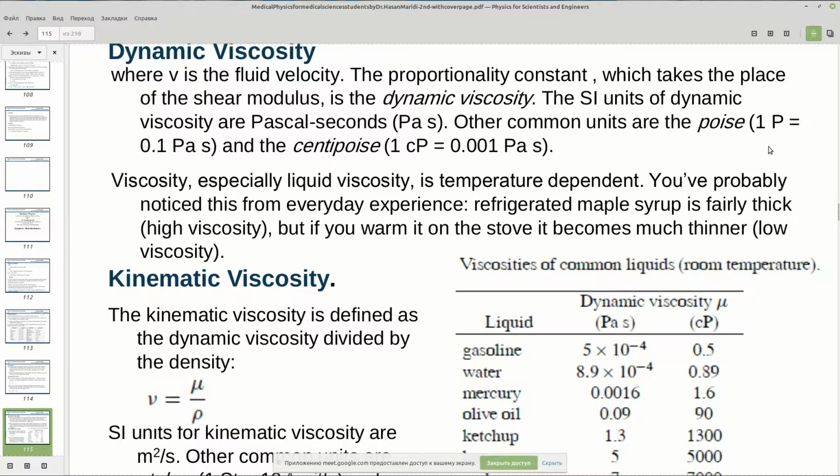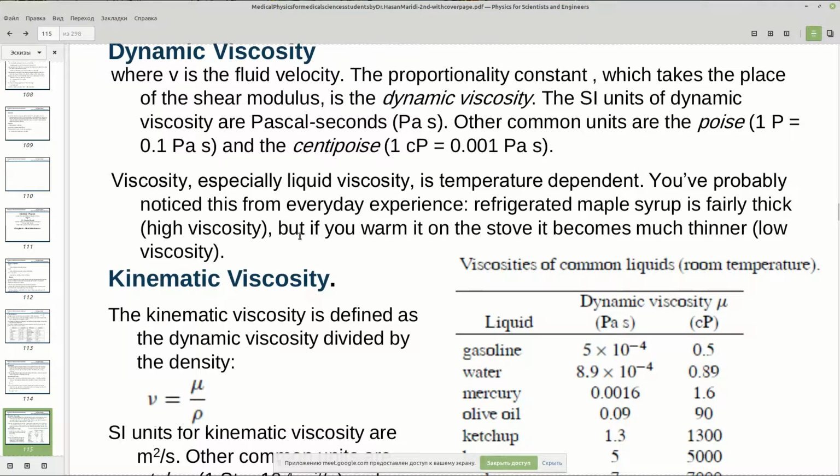Other common units are the poise, where 1 poise is 1/10 of a pascal second, and the centipoise, which is 1/100th of a pascal second. Viscosity, especially liquid viscosity, is temperature dependent.